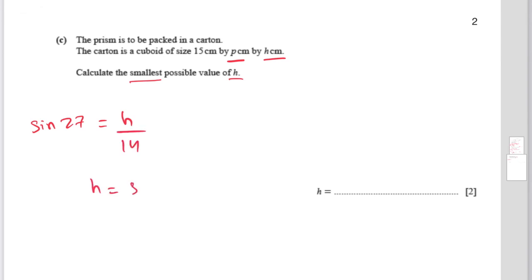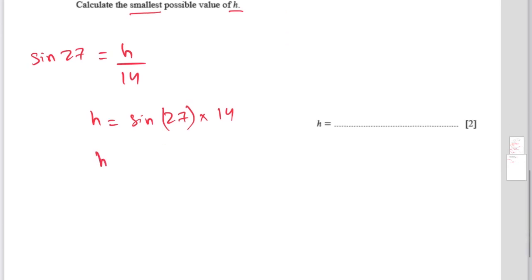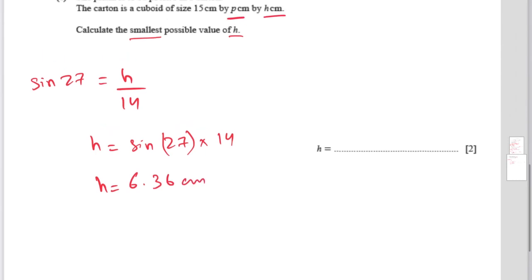So h comes out to be sine 27 times 14. Let's find what that is. Sine 27 times 14 gives us 6.36. So h is 6.36 centimeters. So let's write that over here, 6.36 centimeters.